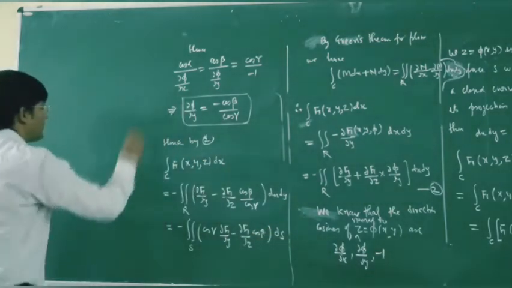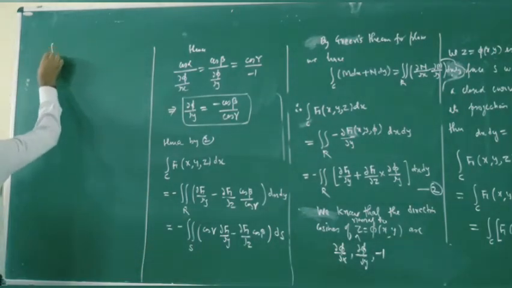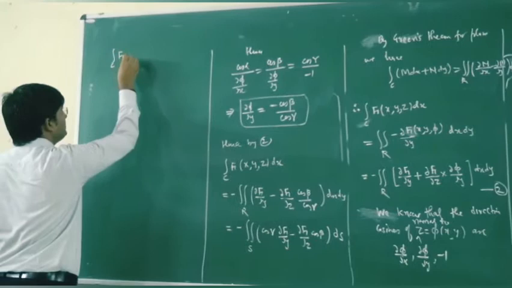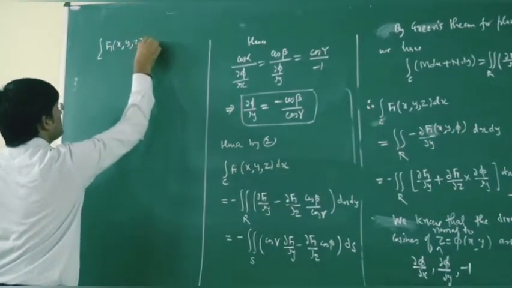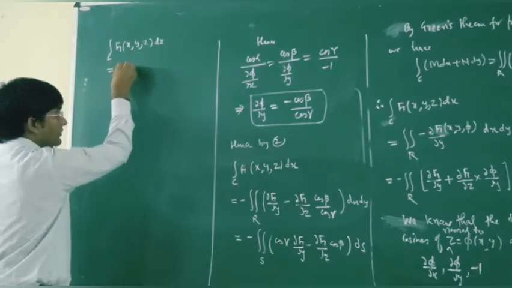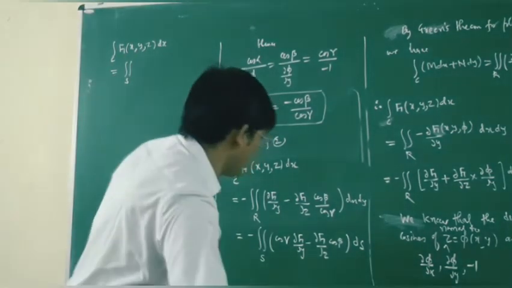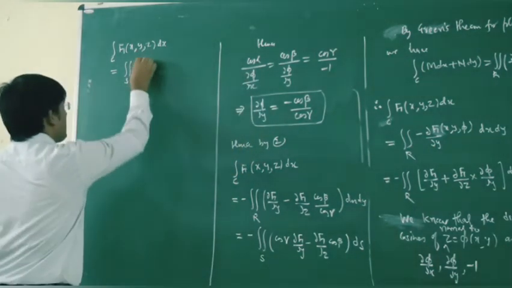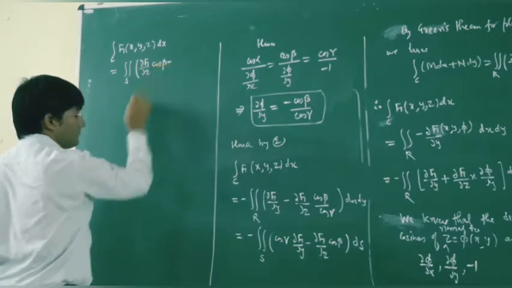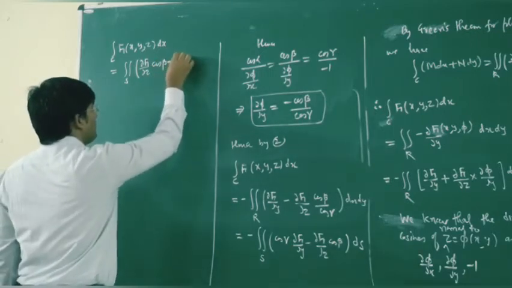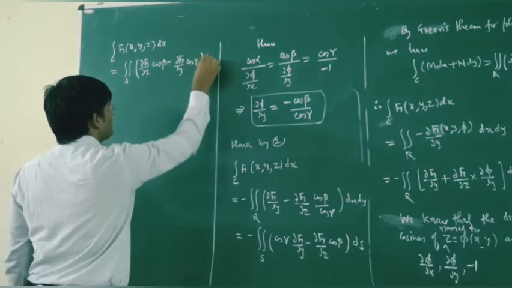Therefore the first line integral over C of f1(x,y,z) dx is equal to the surface integral of del f1 upon del z cos beta minus del f1 upon del y cos gamma into ds.